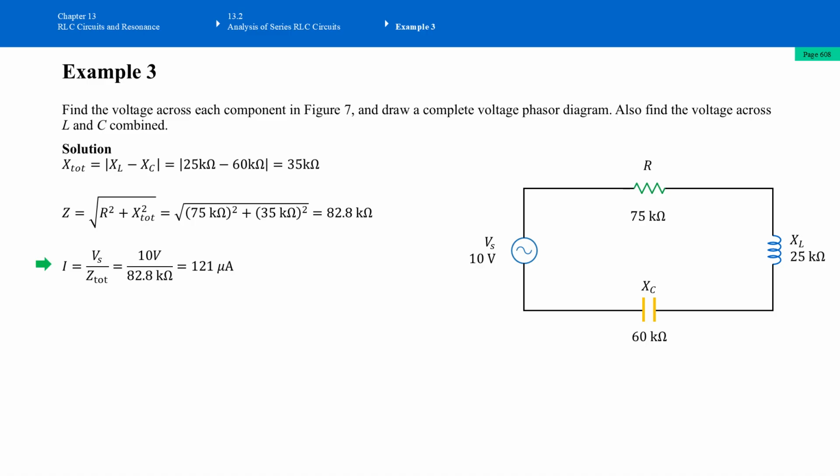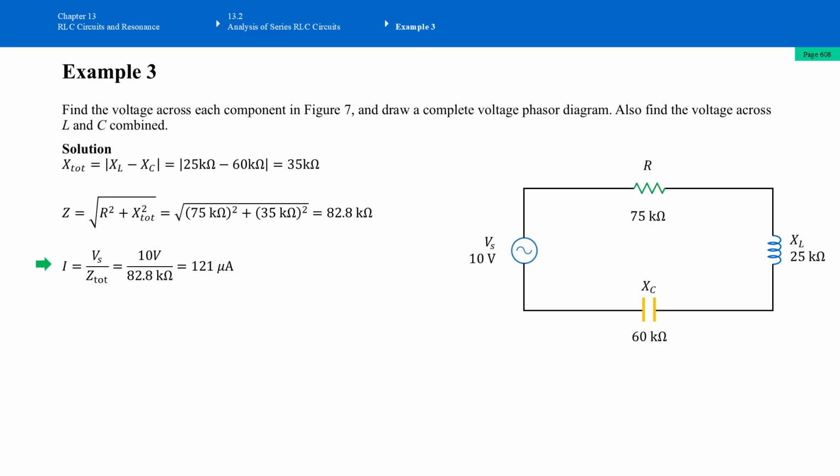Use Ohm's law: current equals the total voltage divided by the total impedance, Vs over Z total, which is 10 volts over 82.8 kilo ohms, and we get 121 microamps. This is the current for every element, since these elements are in series.